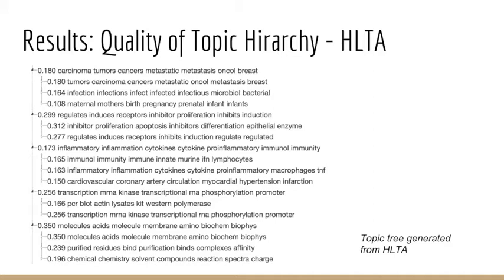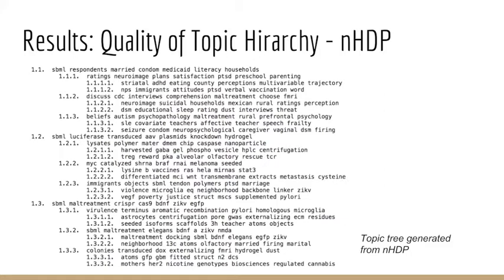However, if we look at the topic hierarchy tree generated by NHDP, we can see that most of the words are simply coming from noise, because in each topic collection, the combination of those vocabularies doesn't seem to form any meaningful topic.